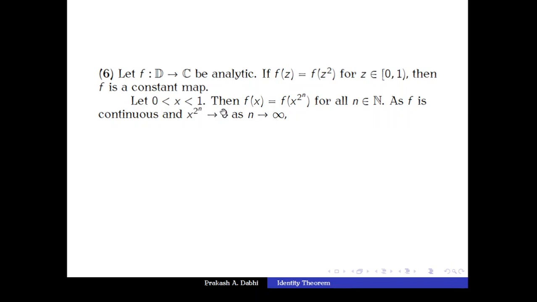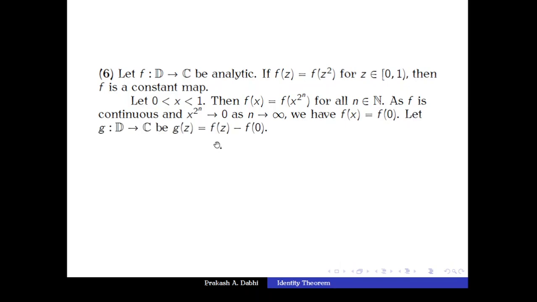Because f is continuous, we get f of x power 2 power n tends to f of 0, but f of x is the same as f of x power 2 power n for all n, and therefore f of x equals f of 0. This is what we have shown for every x in the open interval (0, 1).